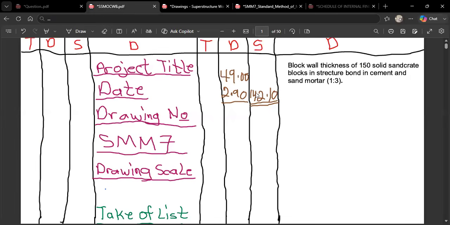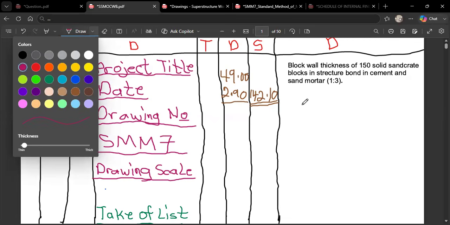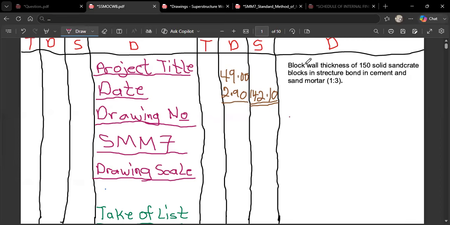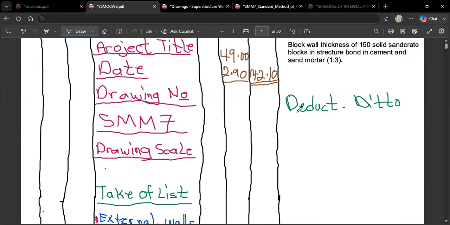So the word is deduct. So we are going to write deduct. The same description we wrote for the calculation of this one is the same thing we are doing for the other one. We are still on F10. So this is it.